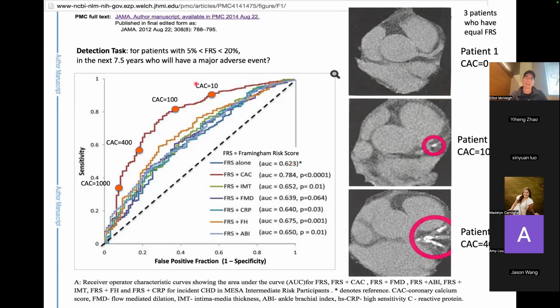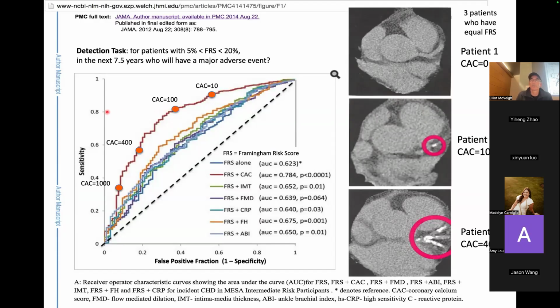Did that happen or did it not happen? And so if we say we're going to put our threshold at calcium of 100, anybody above calcium of 100, we're going to predict they're going to have a heart attack in the next 5 or 10 years. And then the two rates are the sensitivity of that test.